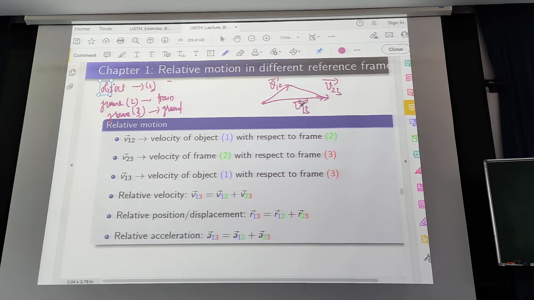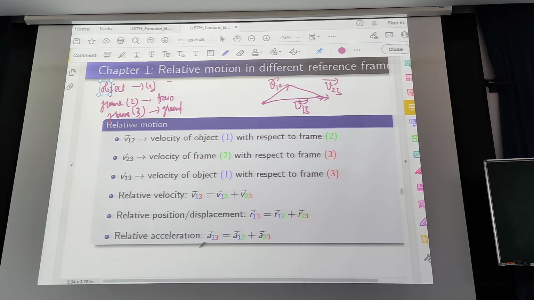And then you have the exercise on the list. Similarly, for displacement, you get the same: the displacement of object 1 with respect to frame 3 equals the displacement of object 1 with respect to frame 2 plus the position of frame 2 with respect to frame 3.